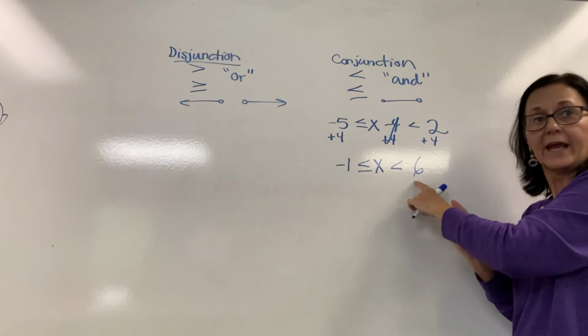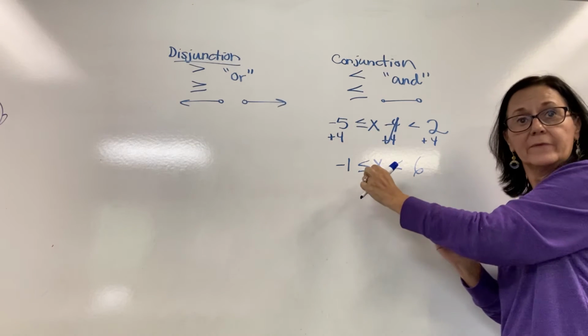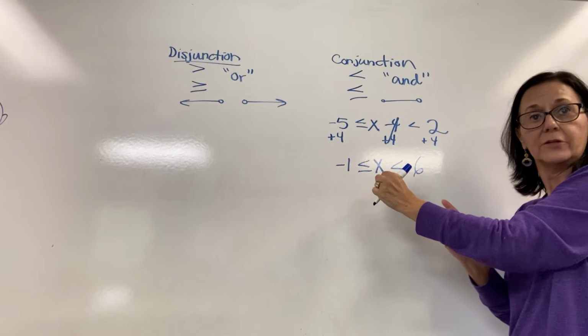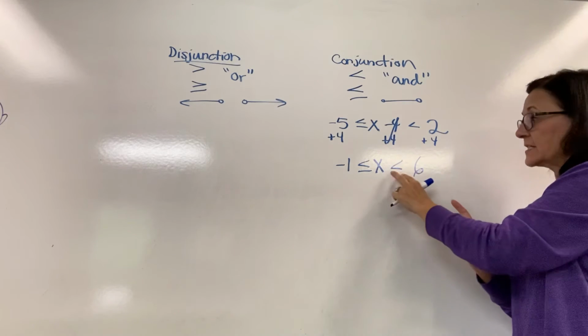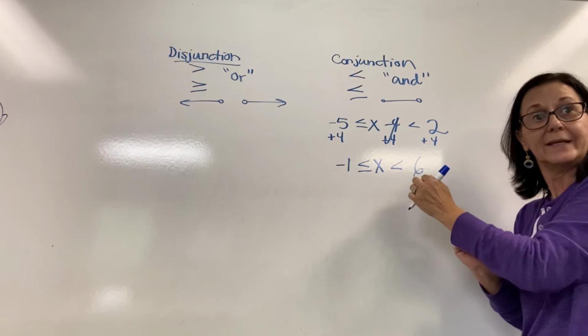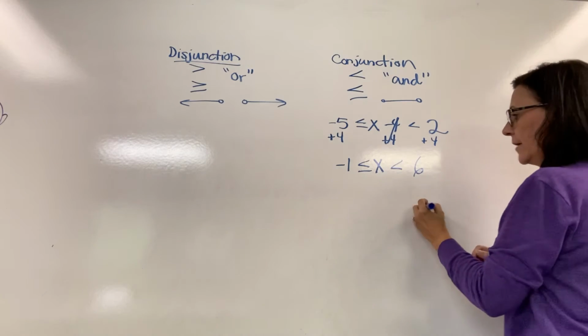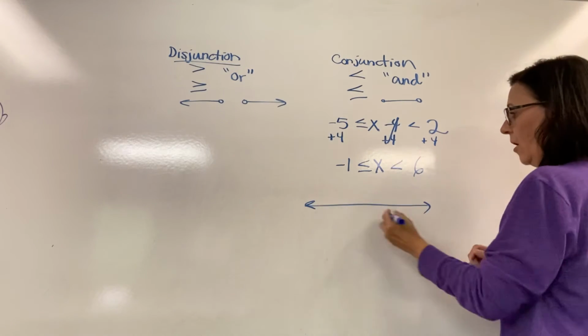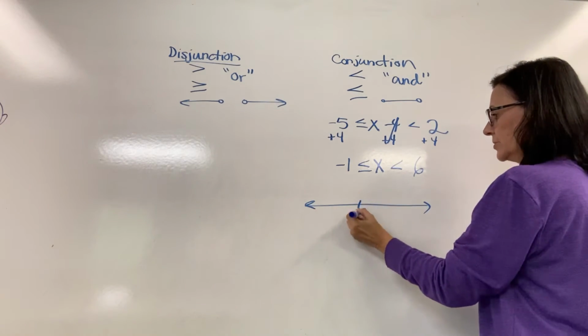Remember what our indicator was when it's also equal? It was a closed indicator. Do y'all remember that? And when it doesn't have an equal sign, it was an open indicator. All right, so when I graph this, I already know it's a conjunction.